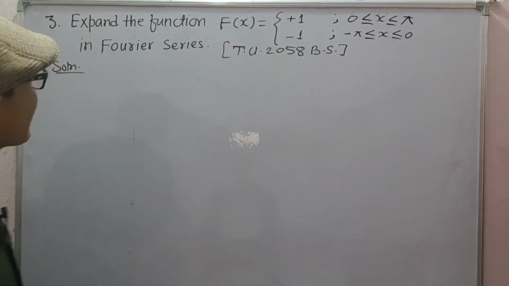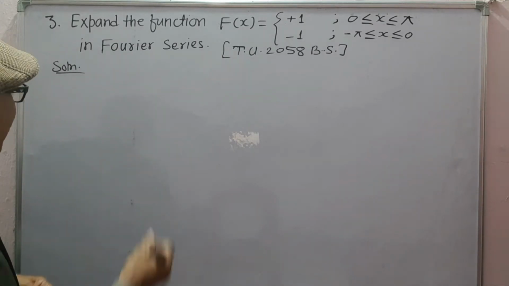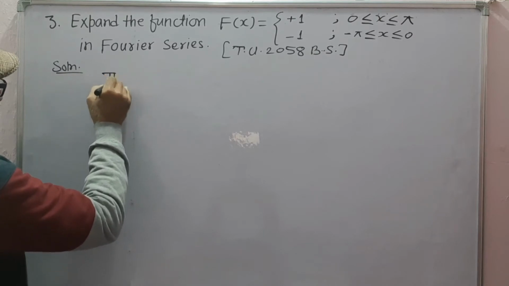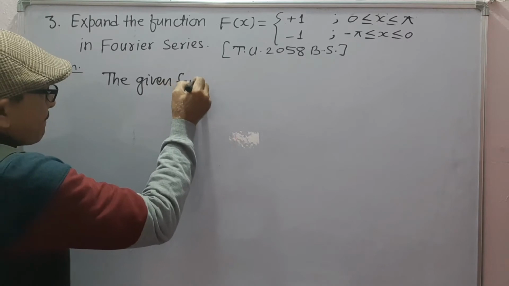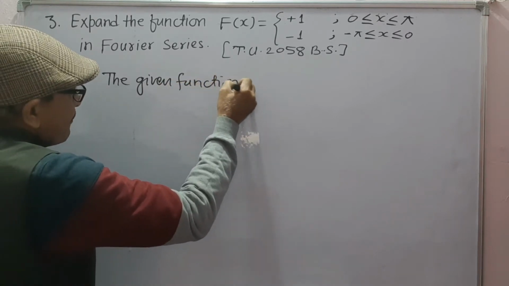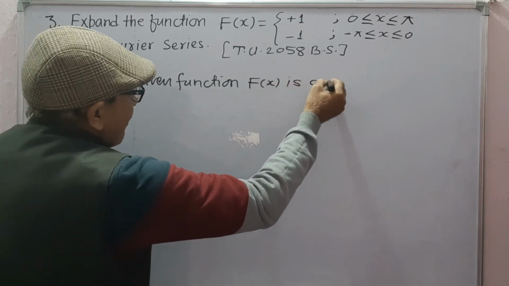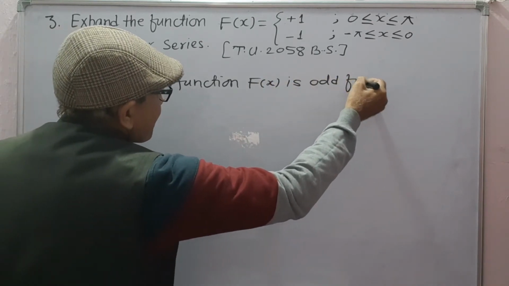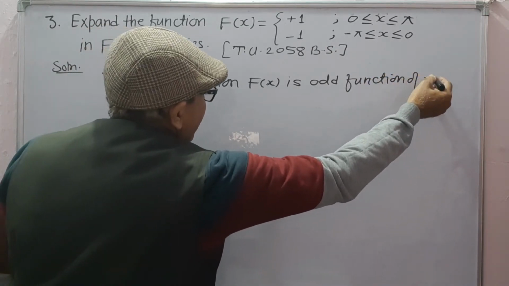Next question is, expand the function f(x) is equal to plus 1 from 0 to pi and minus 1 from minus pi to 0 in Fourier series. Here the given function f(x) is an odd function of x.